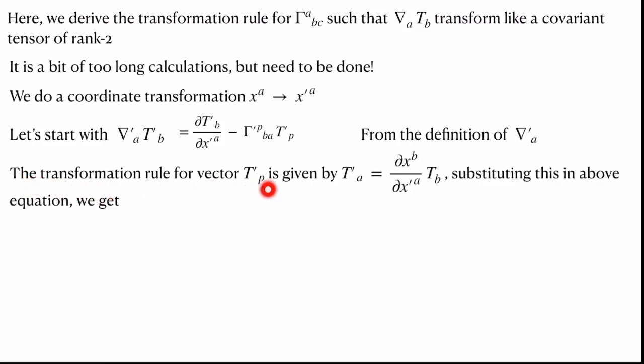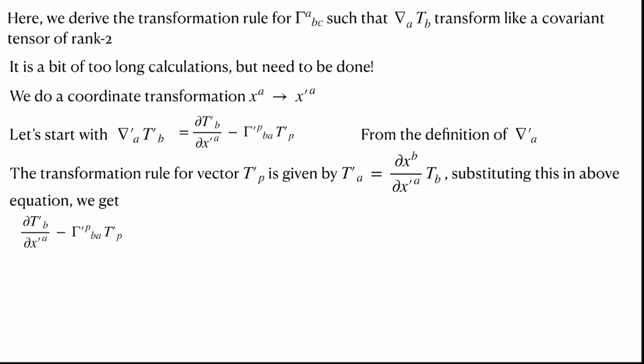Now, the first thing is that the covariant vector t prime itself transforms with the following transformation rule: t prime a is equal to dx^b by dx prime a into t_b. This is the standard transformation rule for the covariant vector field, which we have seen several times.